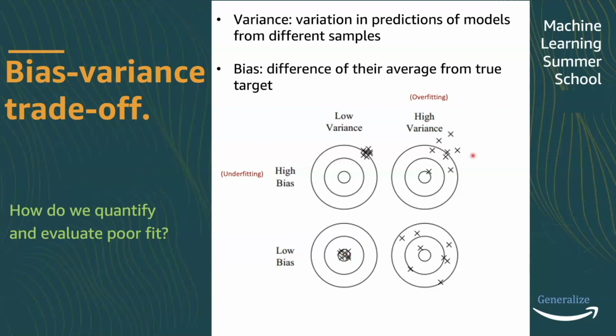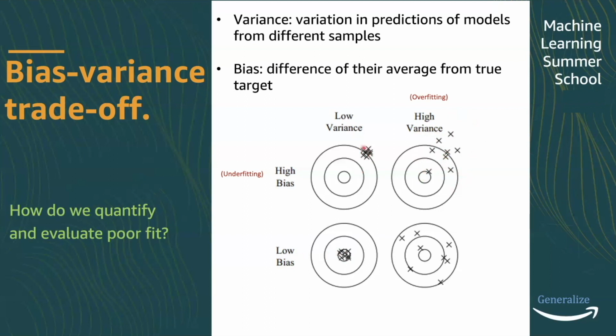Now, what is the worst that can happen? It's the right top. Your estimates are spread out very far from each other. That's high variance. And they're all far from truth. That's high bias. What are the other two scenarios?